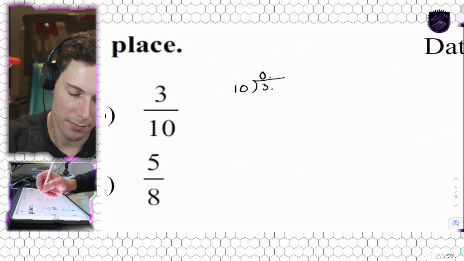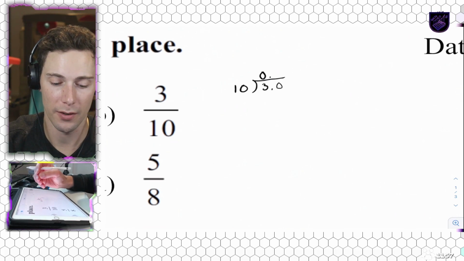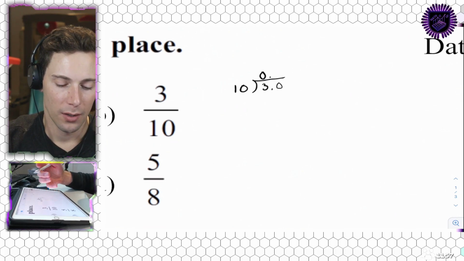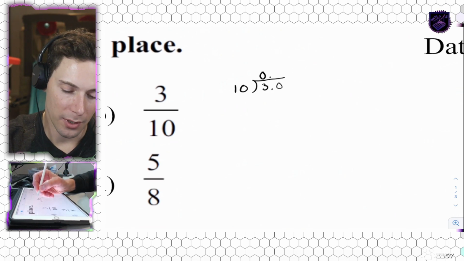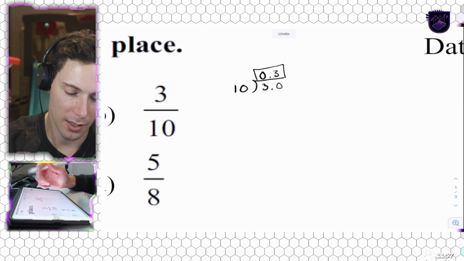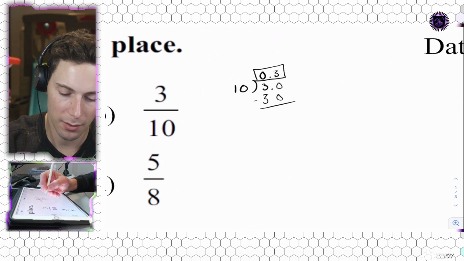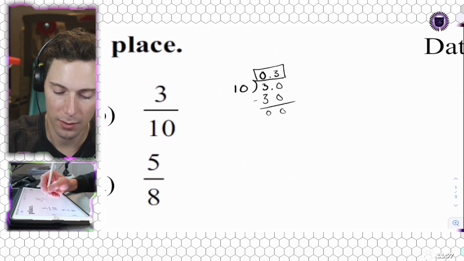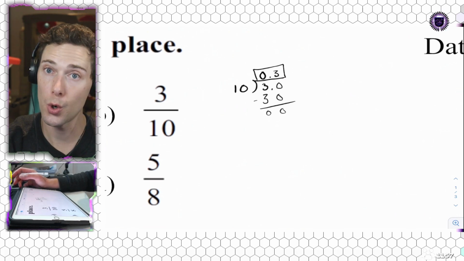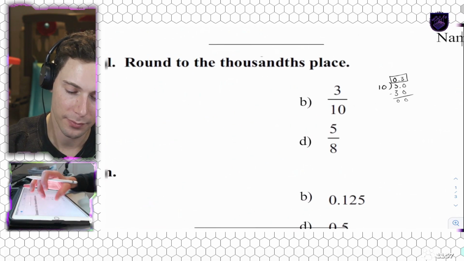Now, 10 will go into 30. 10 goes into 30 exactly 3 times, and there is our answer. And we can show our work. 3 times 10 is exactly 30. 30 minus 30 is 0. 0 remainder, so that's where we end. 0.3.